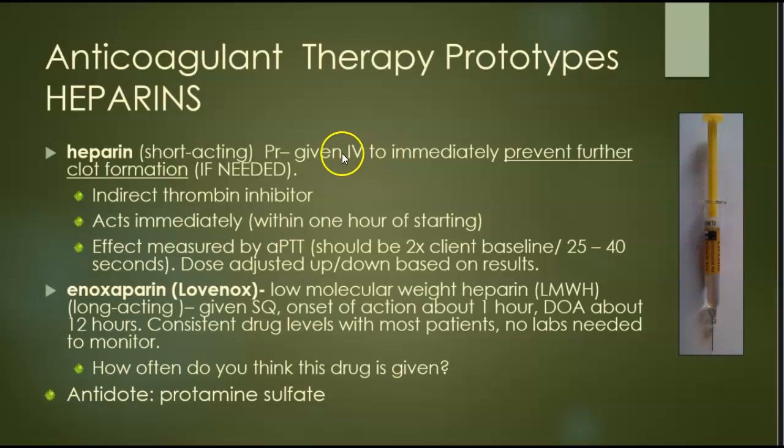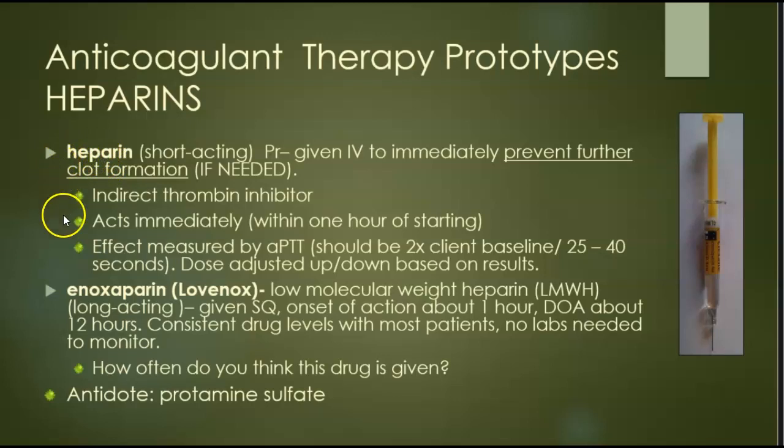It's given immediately, IV immediately, to prevent further clot formation. And again, this is if needed. If we're worried that more clots could be formed, if we think we have a clot maker somewhere in the body, then we might use this. It's an indirect thrombin inhibitor, so that is its action, right? And it starts acting immediately.